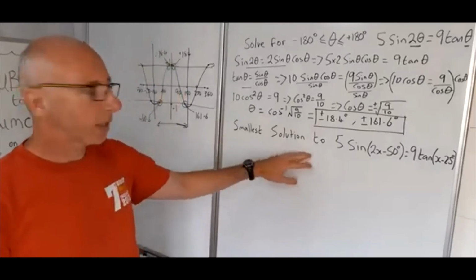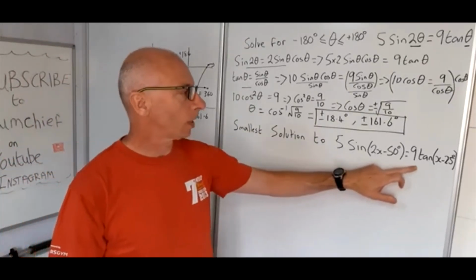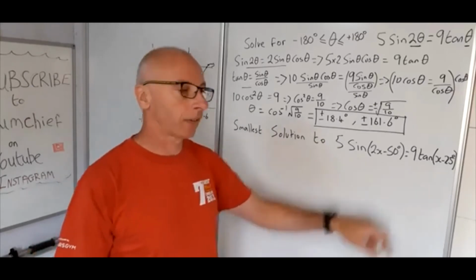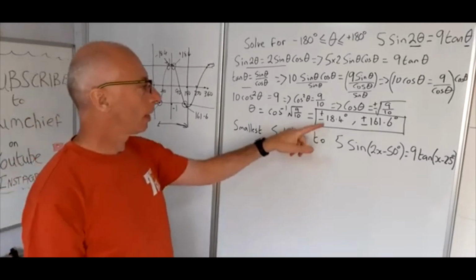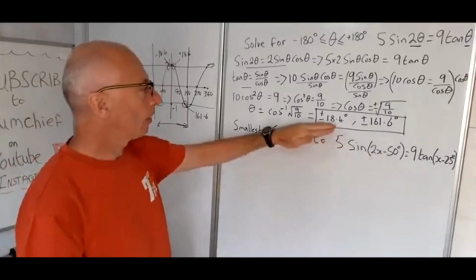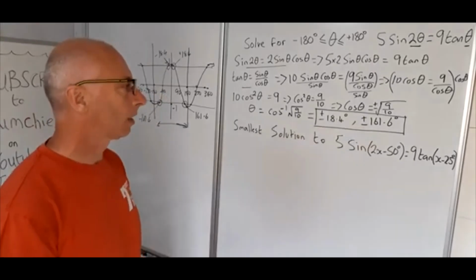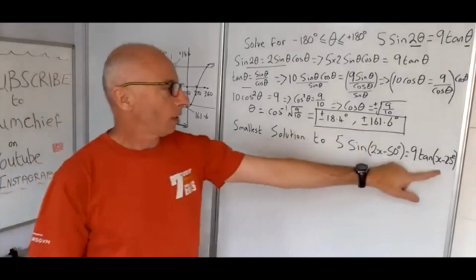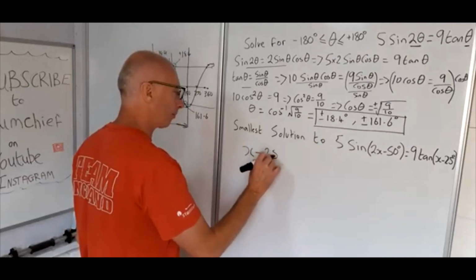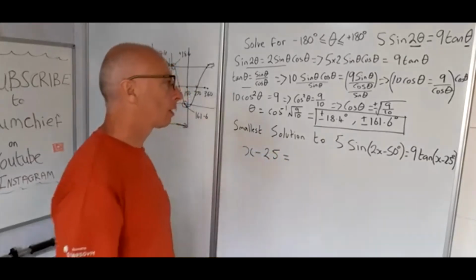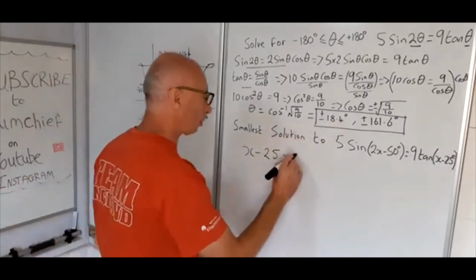Okay, so to solve this one here, the smallest solution to 5 sine 2x minus 50 equals 9 tan x minus 25, all we're looking for is which of these solutions for x minus 25 gives us the smallest possible answer. So if we take x minus 25 and let that equal 18.4, that's quite a small one.